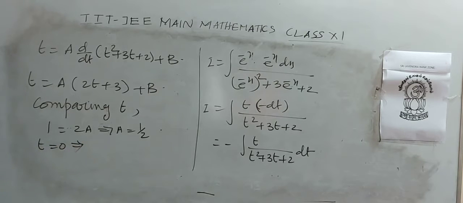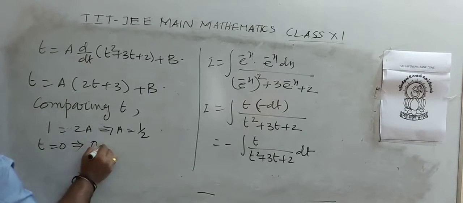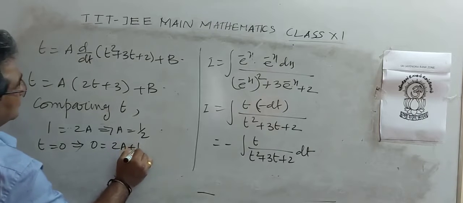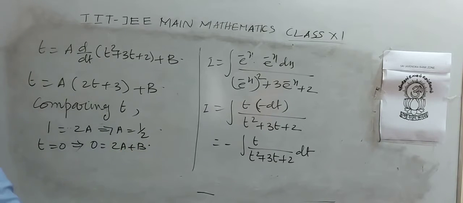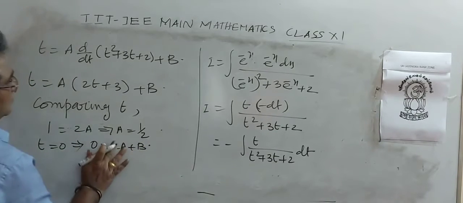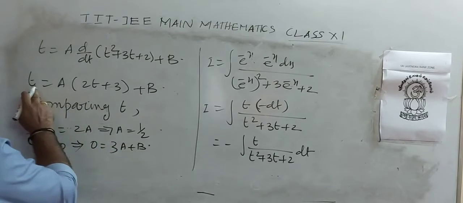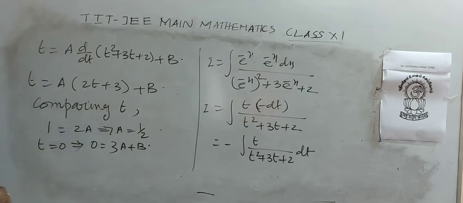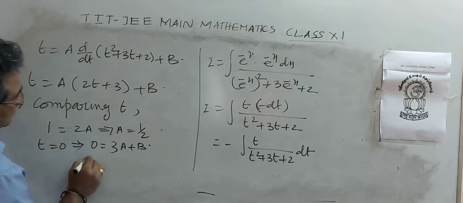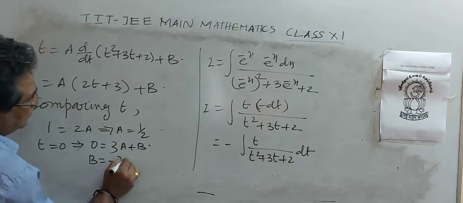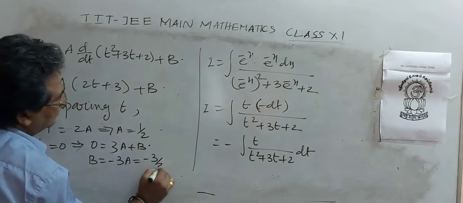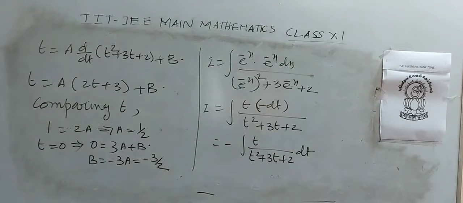T equal 0, three a plus b, so b equal to minus 3 by 2.